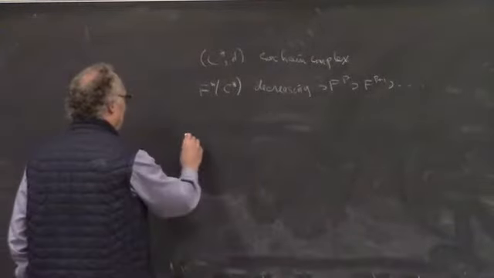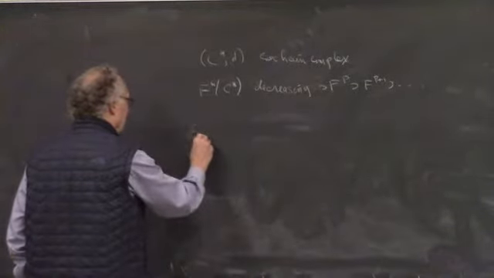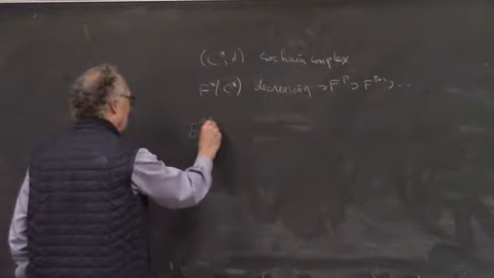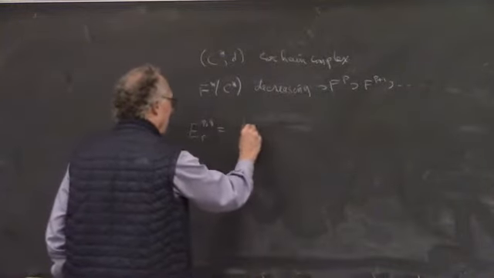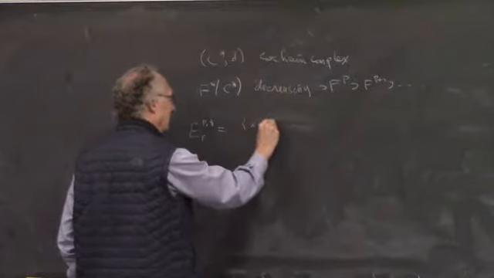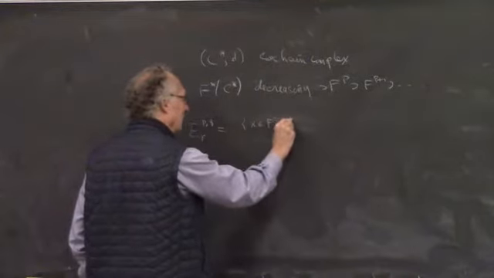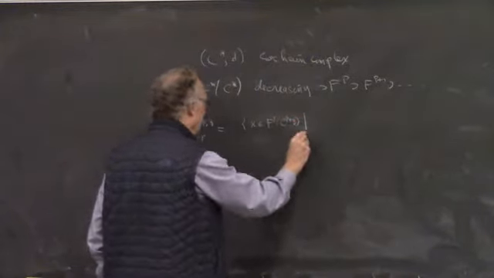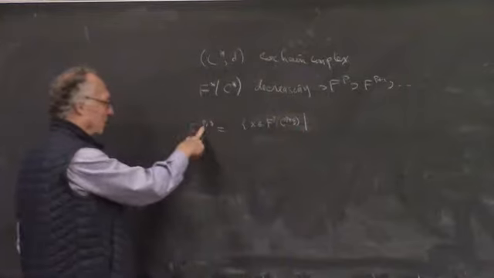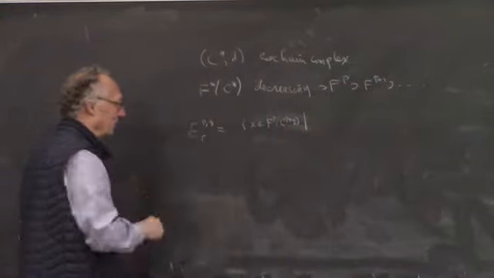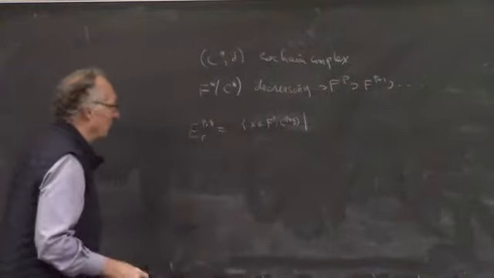Anyway, we then define the pages of the spectral sequence, E_r^{p,q}. It's the x in F^p C^{p+q}. So recall p is the filtration index and p+q is the cochain degree.